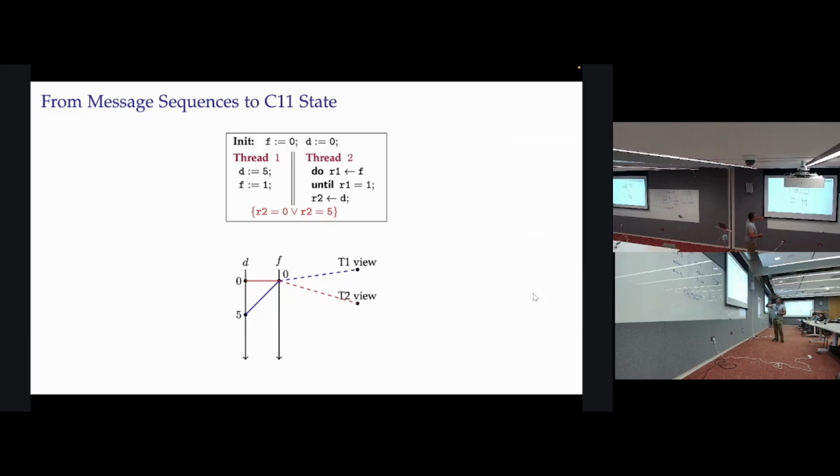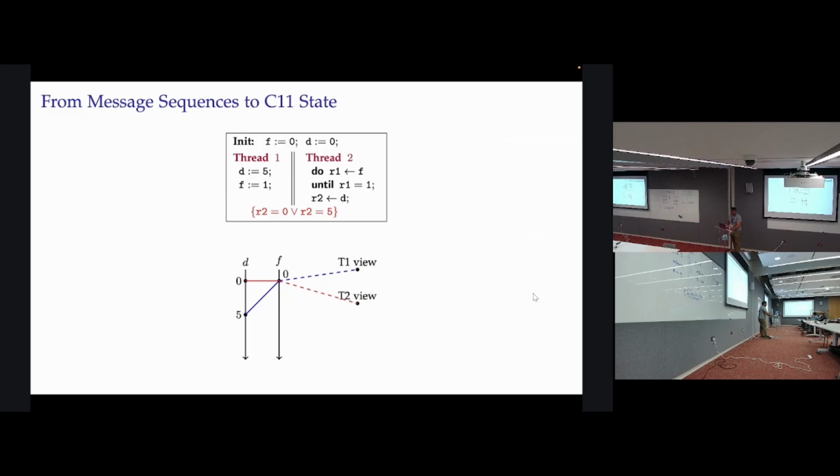So T2 has no idea that this write has happened. We're adding some non-determinism here: thread 2 could either see that or it could see that. But the point is that its understanding of what the world is like is lagging. Does that make sense?